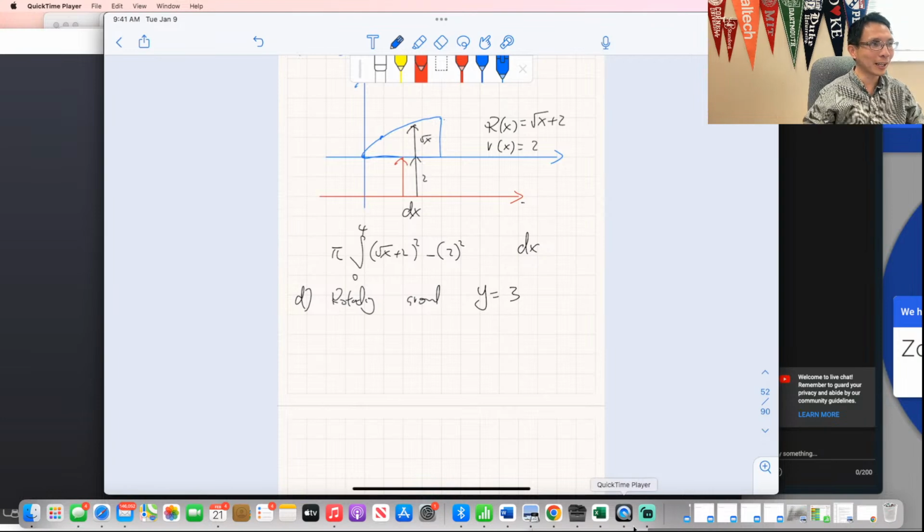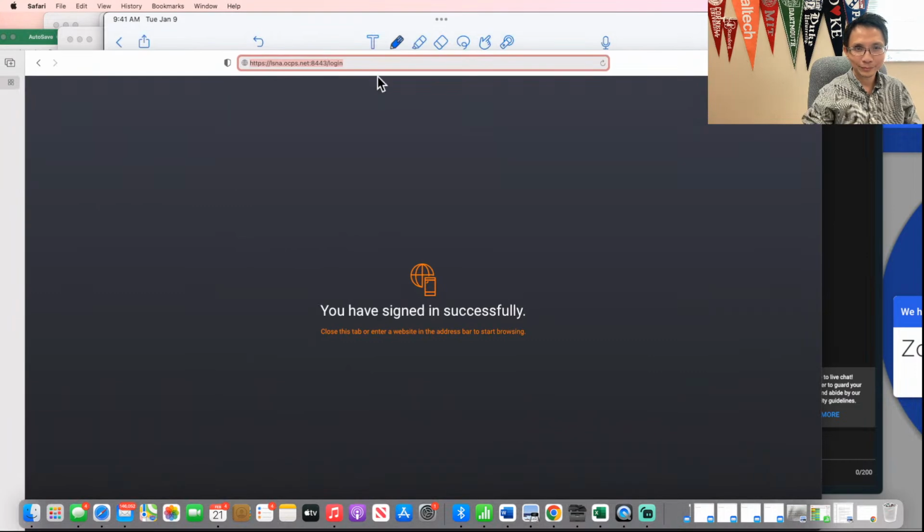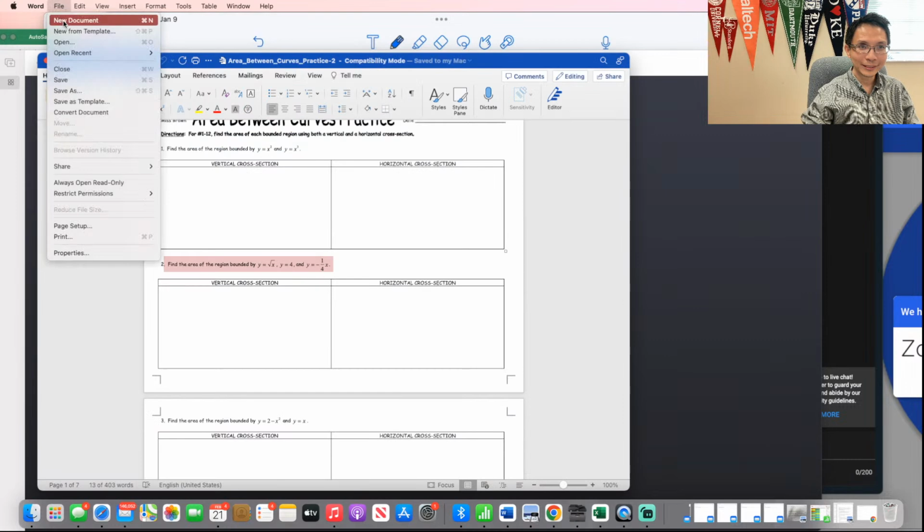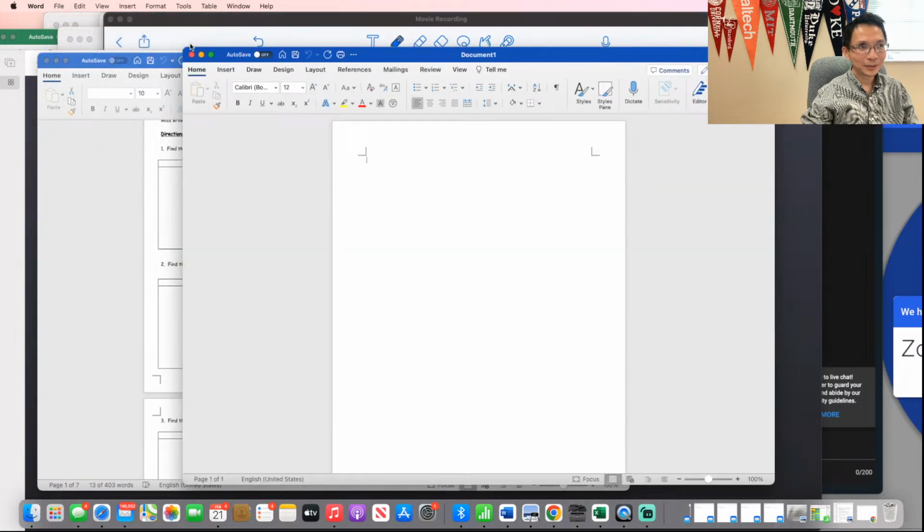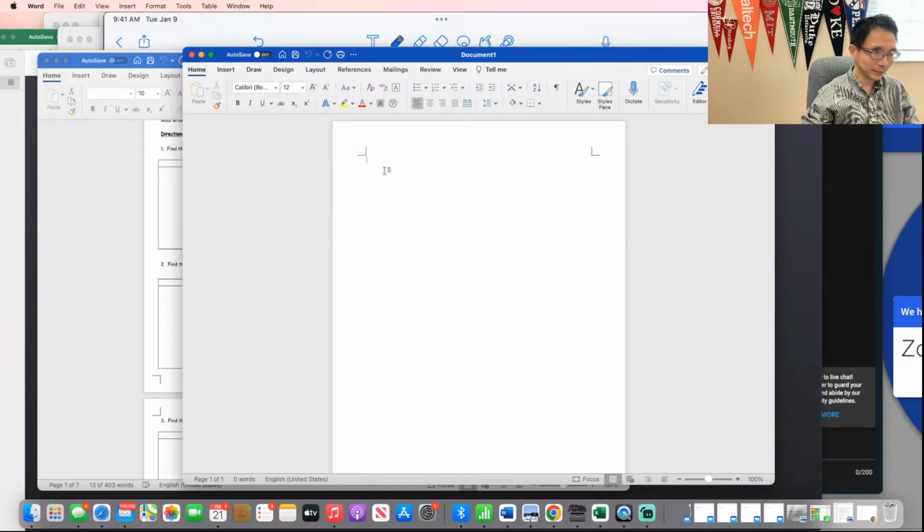All right, hurry up, rotate around y equal to 3. Can you guys rotate around y equal to 3? Hurry up. Sorry, we just have to connect. Would it be -1 this time as the shift? Y equal to 3.